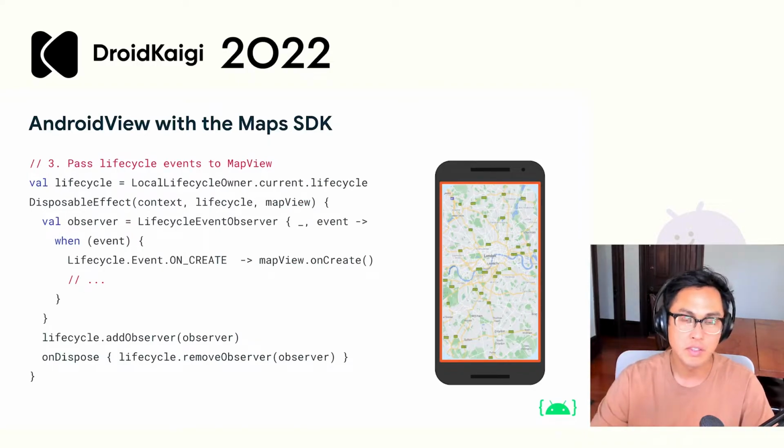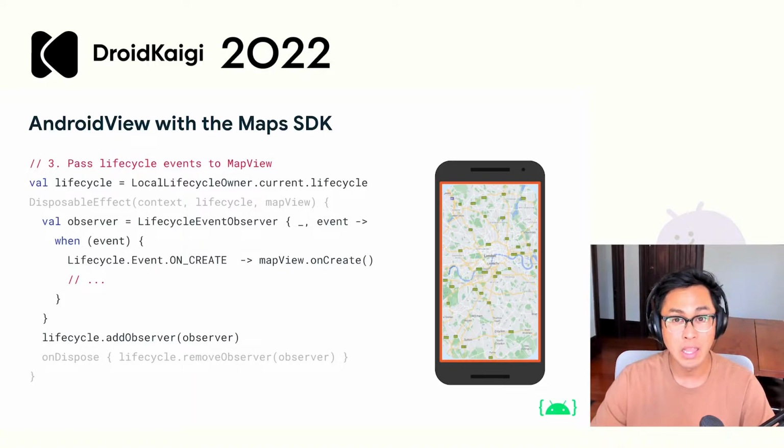In addition to this, the MapView also requires that you invoke lifecycle methods on it when the corresponding lifecycle owner, which could be an activity or a fragment, undergoes lifecycle events. To do that, we can create a LifecycleEventObserver, which we can add as an observer to the current lifecycle. In the observer, we can then call the corresponding lifecycle event on the MapView when a lifecycle event occurs.